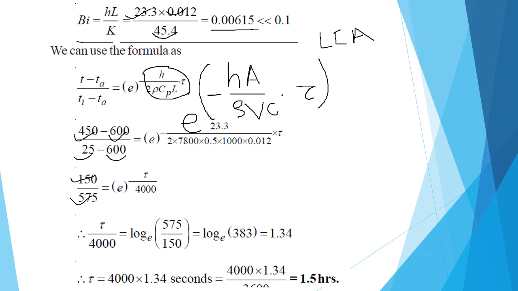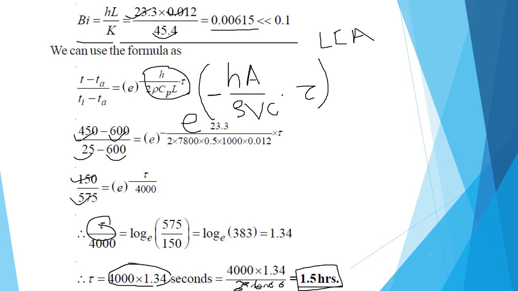So we will get tau around 4000 into 1.34 divided by 3600, that is 1.5 hours.